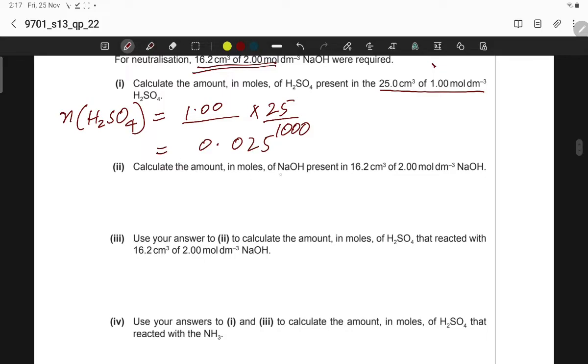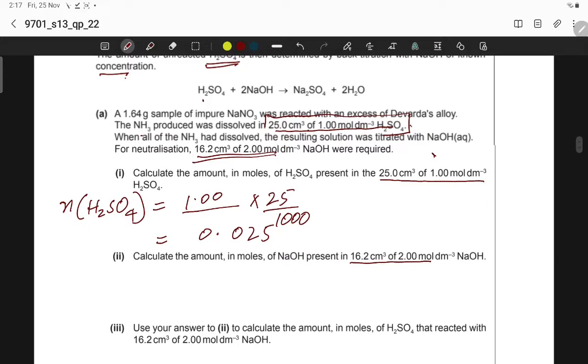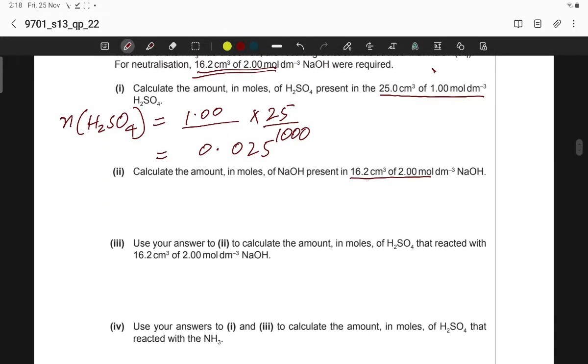Now calculate the amount in moles of sodium hydroxide present in 16.2. This is also the actual mole which is treated with this sulfuric acid, which reacted with the ammonia and then reacts with sodium hydroxide.